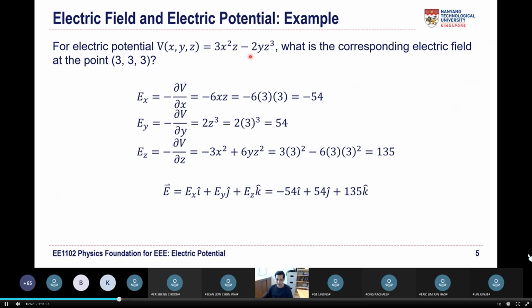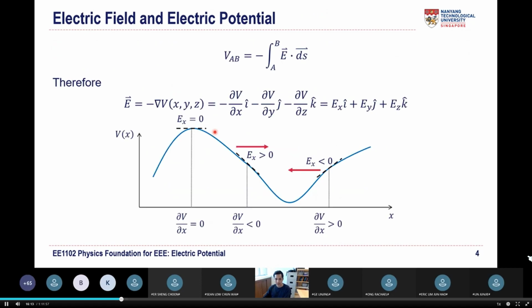In this specific example, how can we calculate the corresponding electric field at point (3, 3, 3)? So x is 3, y is 3, and z is 3. We want to calculate the electric field at that point, so we need to use this approach.